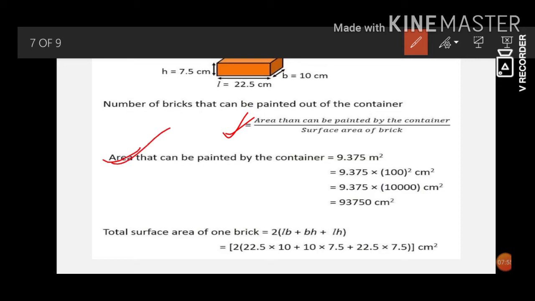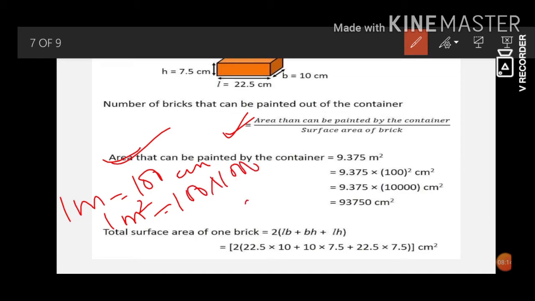Here the area that is painted is 9.375 meters square. We know 1 meter is equal to 100 centimeter. So 1 meter square is equal to 100 into 100 centimeter square. So we are multiplying by 100 square.